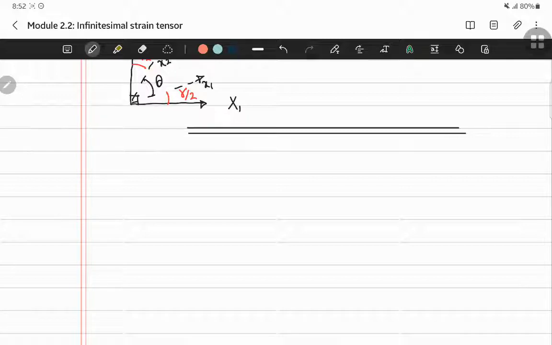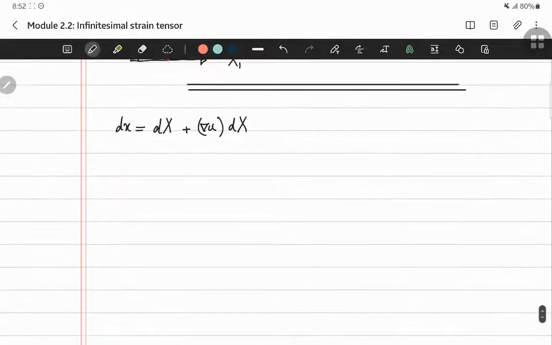So we already mentioned that the current configuration is equal to the summation of the reference configuration plus the product of the gradient and the reference configuration.